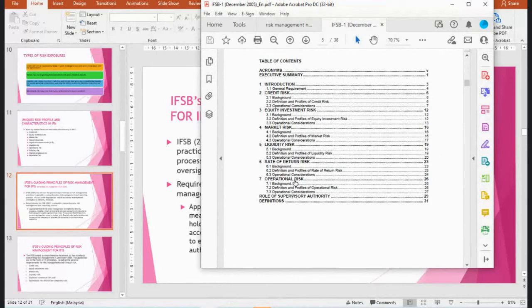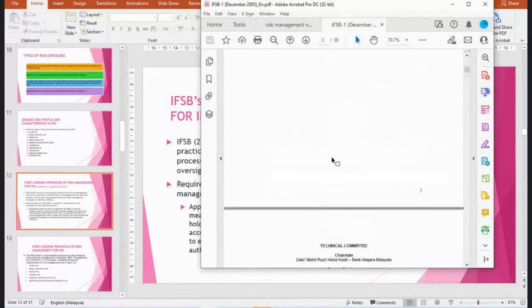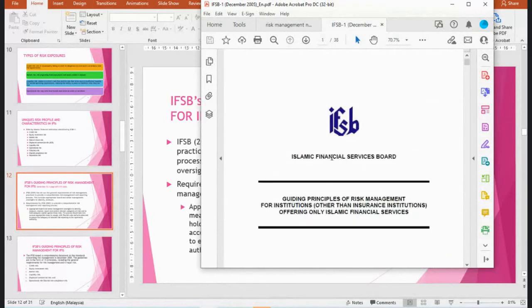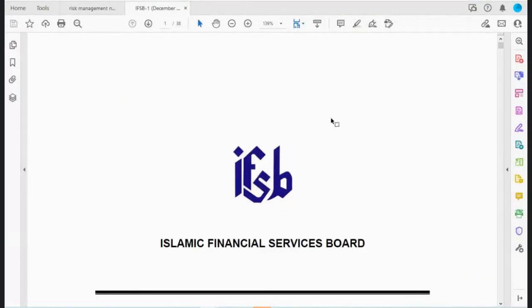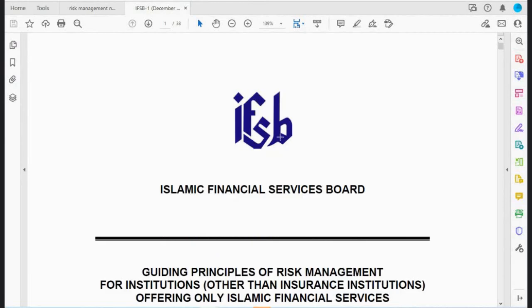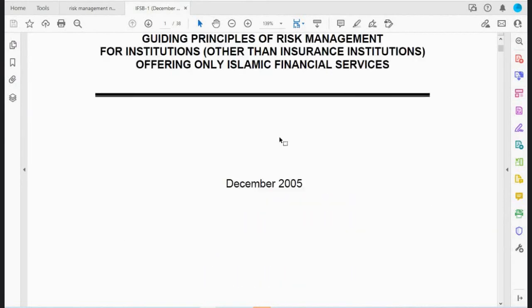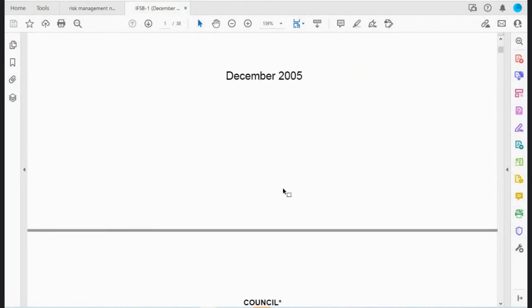Ini adalah the guiding principles for risk management. Okay. So you dah tahu dah kalau Sharia governance before this, you are going to refer to Sharia governance policy. And then IFSB 10, IFSB 3. Ethics, you will refer to Code of Ethics IOV. Untuk risk management, the guiding principles is IFSB, Islamic Financial Services Board, issued in December 2005.